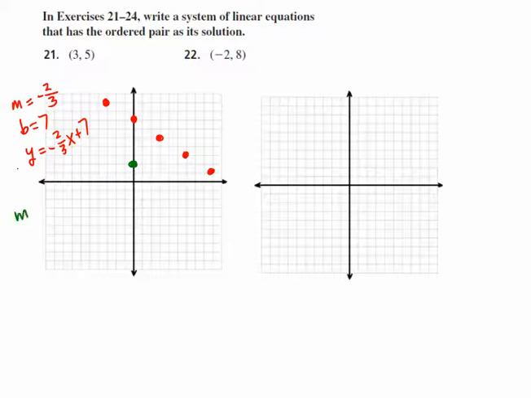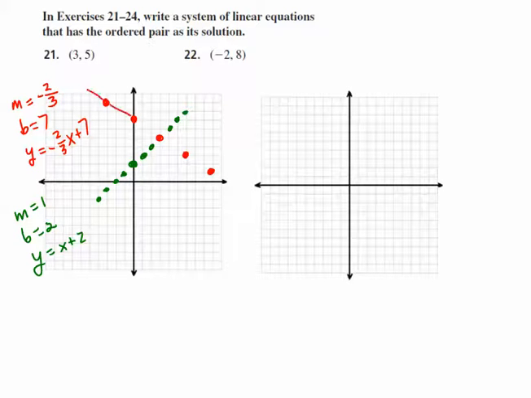So the slope of this green line would be 3 over 3, which is 1, and the y-intercept would be 2. So I would have the line y is equal to x plus 2. You can see that it's simply going up by 1 each time, whichever direction I go. I would have my two lines.